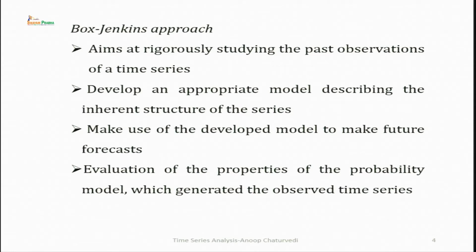The main objective of the Box-Jenkins approach is rigorously studying the past observations of a time series, and then it attempts to develop an appropriate model describing the inherent structure of the series.